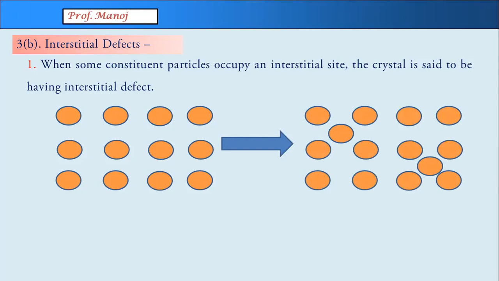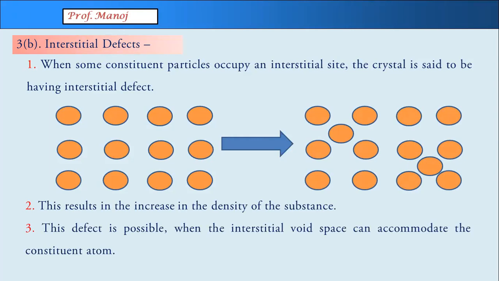Perhaps what we saw in the previous defect as vacancy, those vacant atoms have gone elsewhere as an interstitial defect also. So these two defects are linked with each other. They will increase the density, and this defect is possible because the void space has to be a little larger, and in that large void space, atoms can be perfectly fitted.